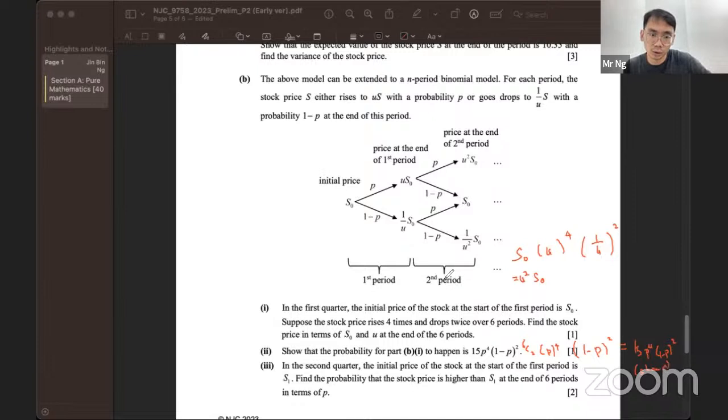So in the second quarter, the end of the first period.